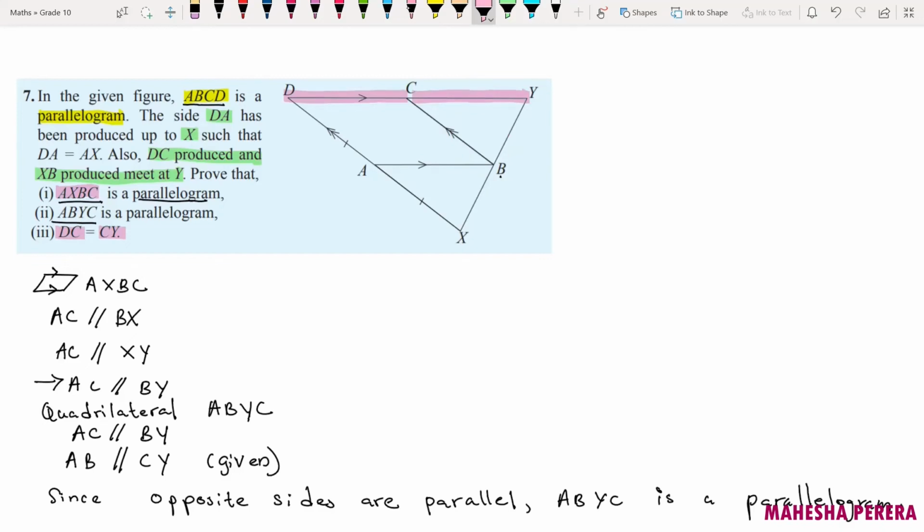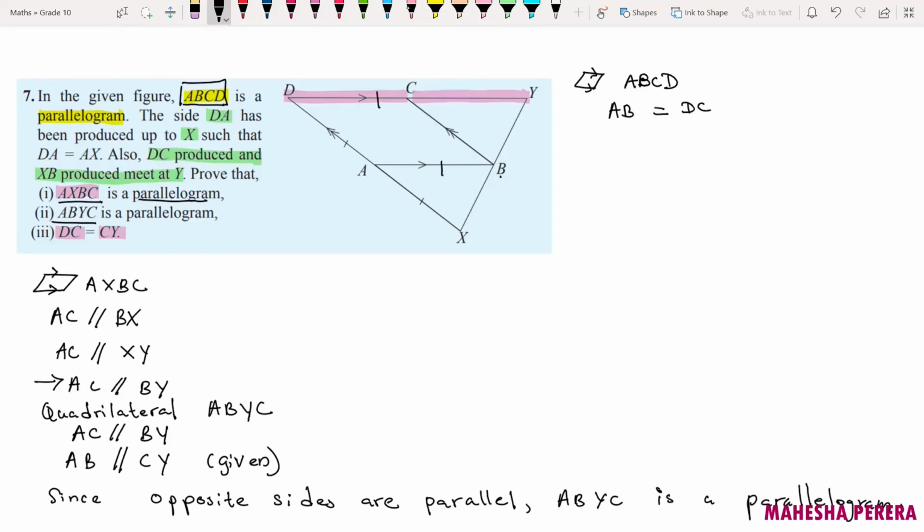Now when you consider the parallelogram ABCD, we know that AB equals DC. So let's write it. In the parallelogram ABCD, AB equals DC or CD.